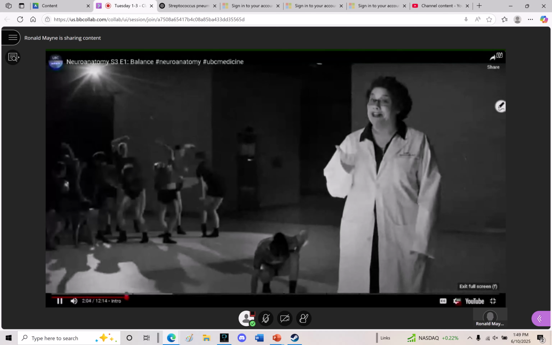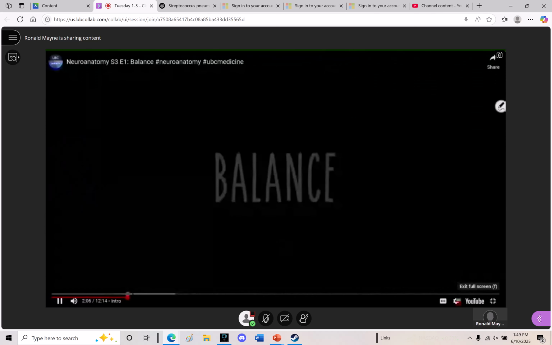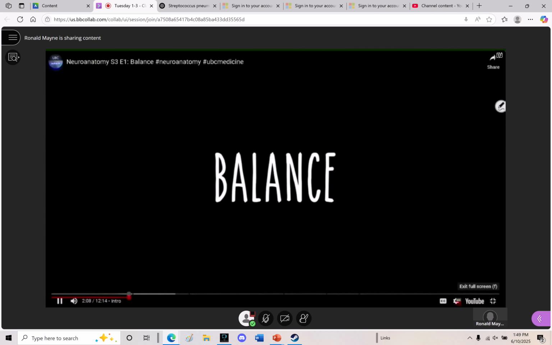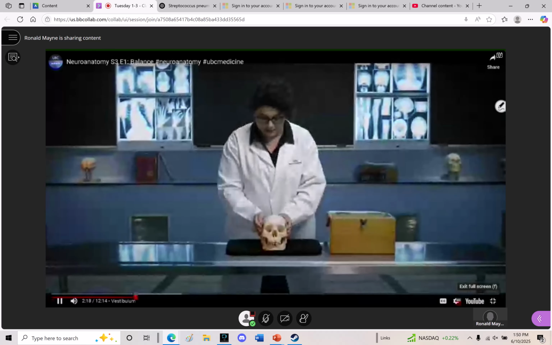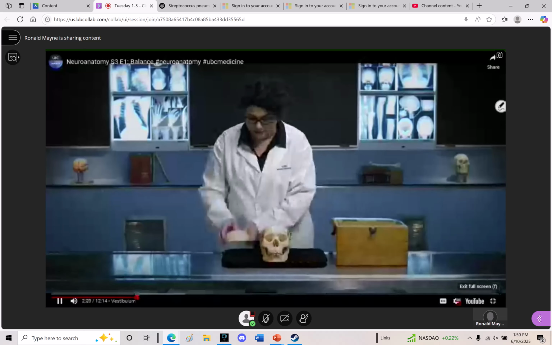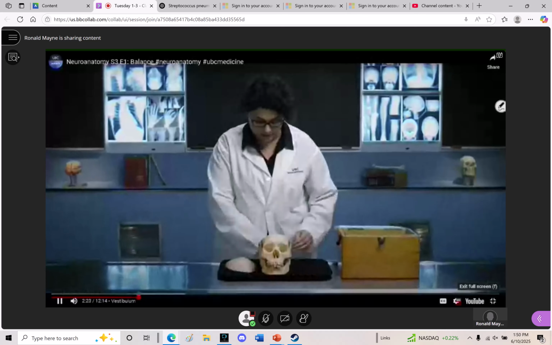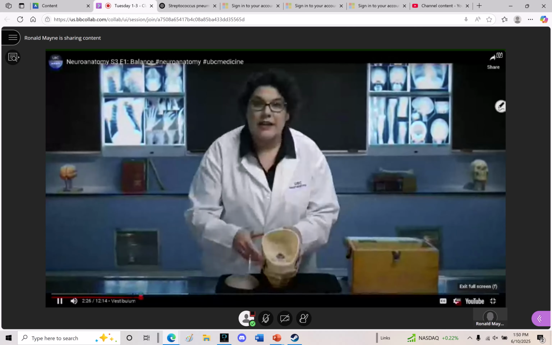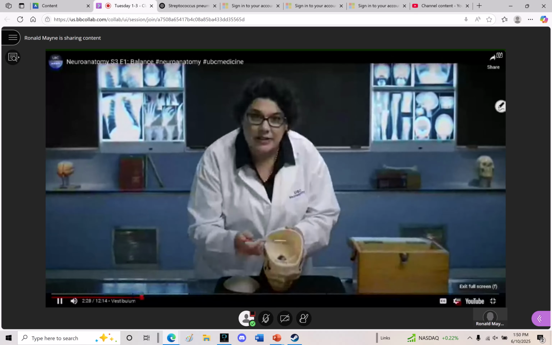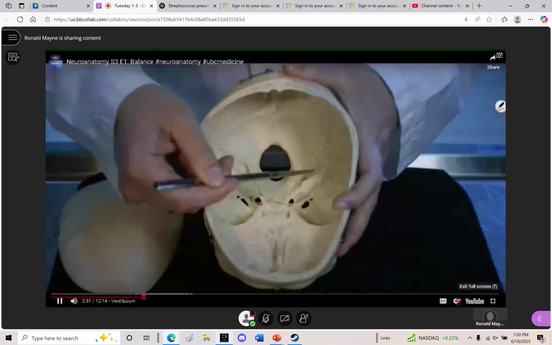Oh, and we have two of them. The tiny vestibule sits within a labyrinth of canals within the petrous part of the temporal bone.